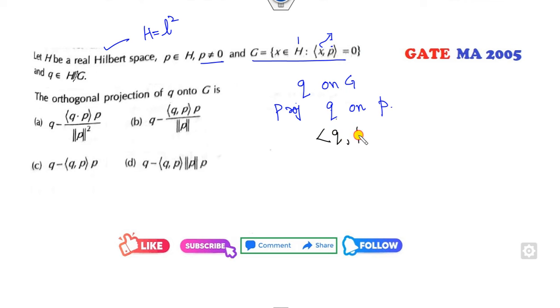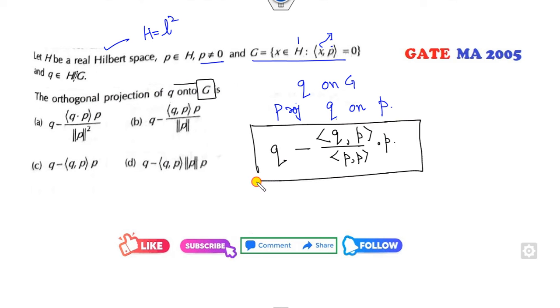Q into P divided by P into P. Then the orthogonal projection of Q onto the G, so you can subtract the initial value. So this is Q minus A. B is my right answer, because this norm of P comma P I can write as norm of P.